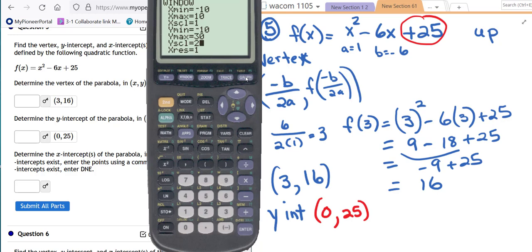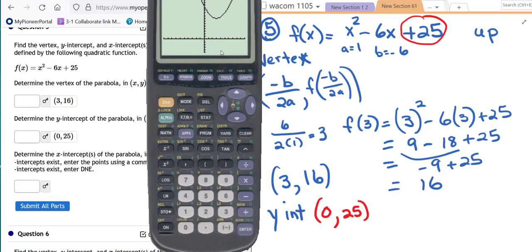Now we'll just have to tell it graph. All right, so there's a picture, and we did expect it to turn up. Here's your y-intercept. Remember, we changed that scale, so each tick mark is not 1.